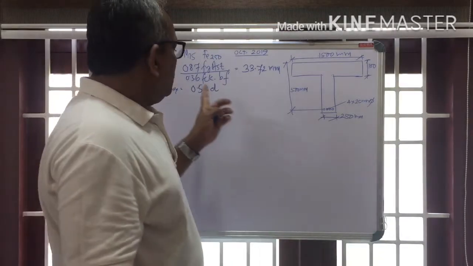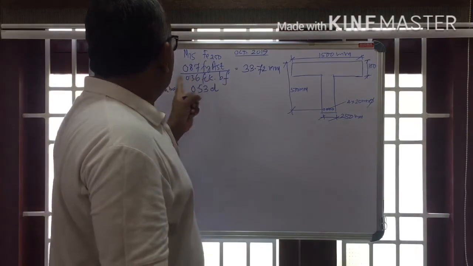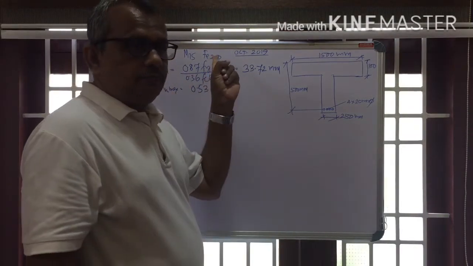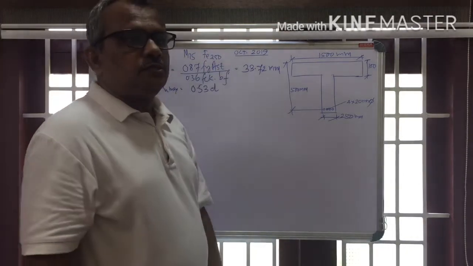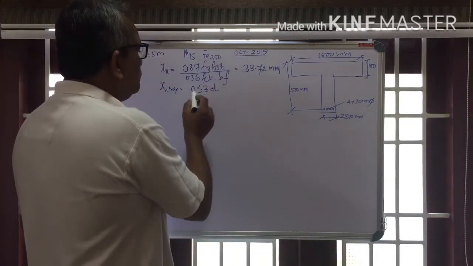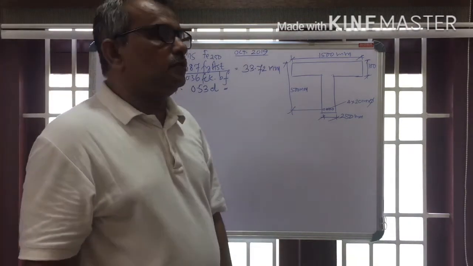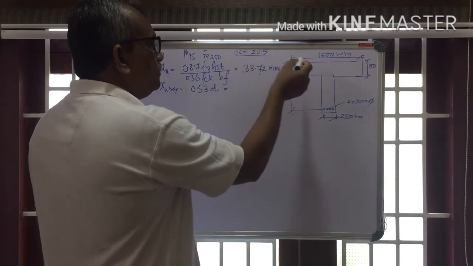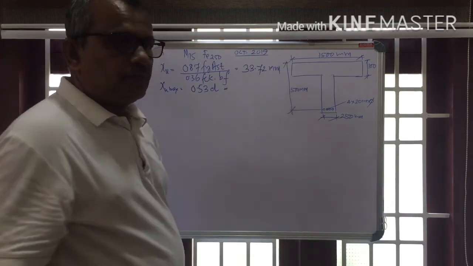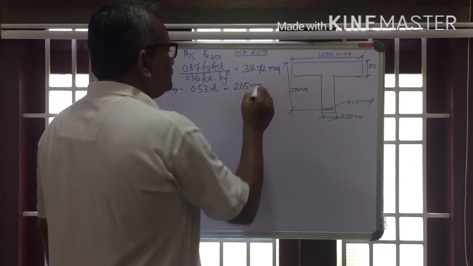Previously, we had taken 0.48D when the grade was Fe415 HYSD bars. Here it is a mild steel bar Fe250. So the value corresponding to that grade is 0.53D, where D is the effective depth. That means 0.53 into 500, which is equal to 265 mm.